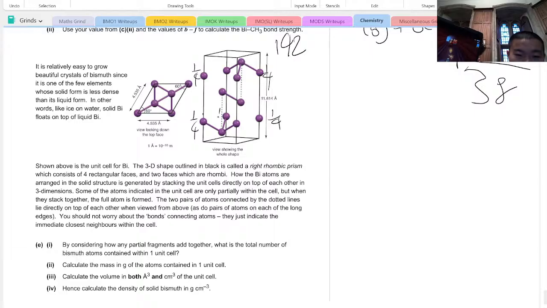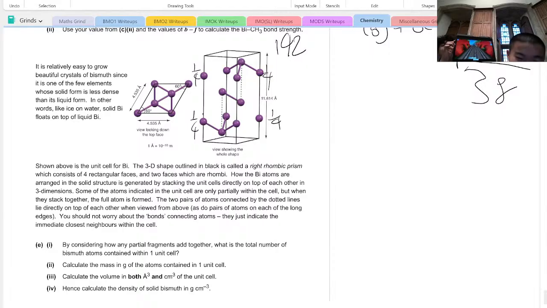Oh wait, are these all a quarter? I don't know if this is inside the thing. Which one? Can I read this, please?